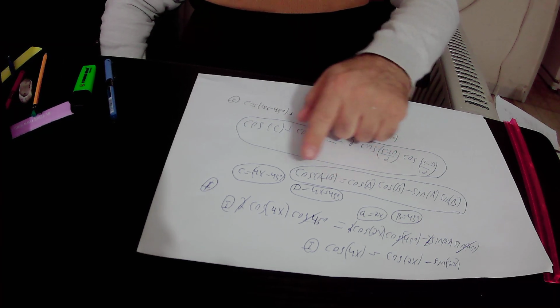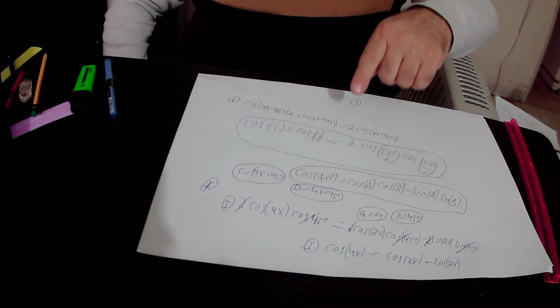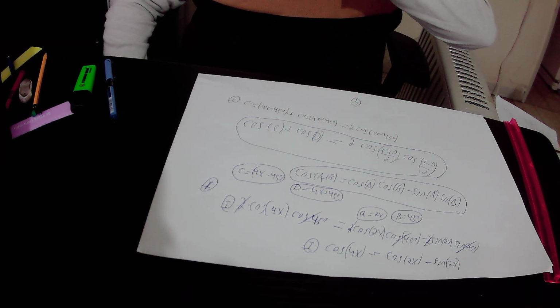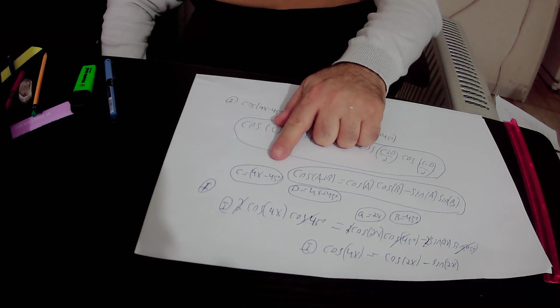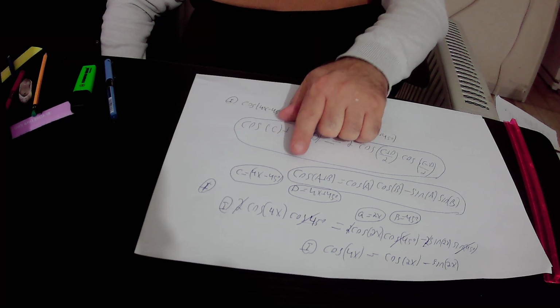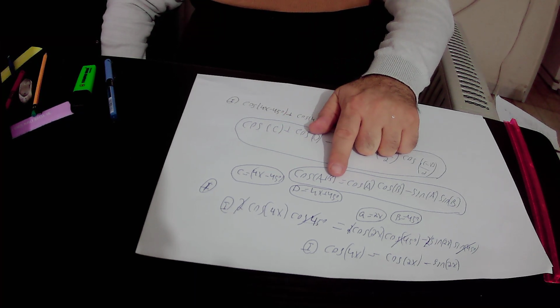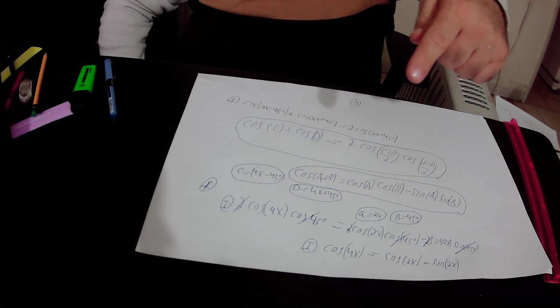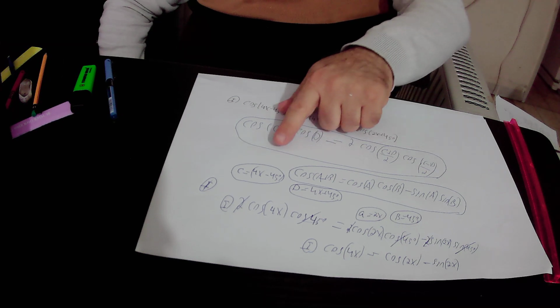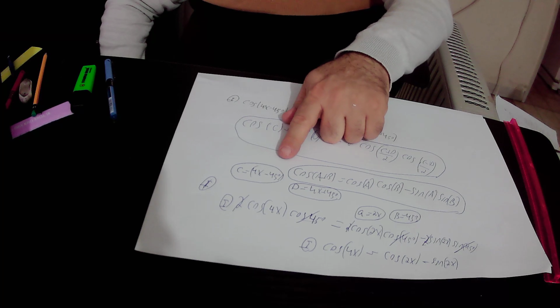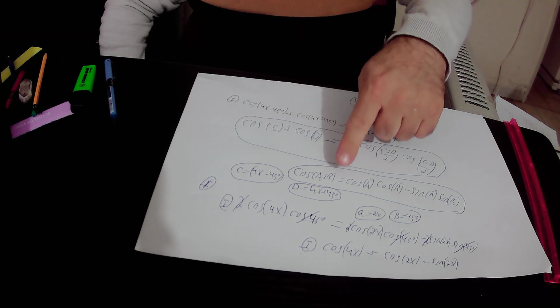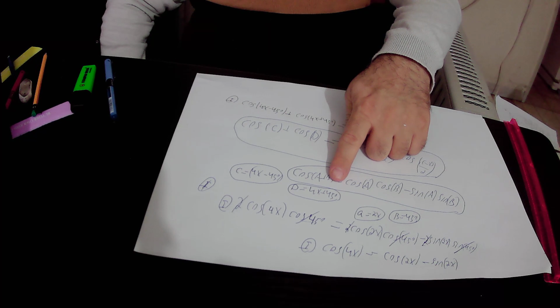So in conclusion, we got here 2 times cosine 4x, and we also have here cosine c minus d over 2. C is 4x minus 45 degrees, and d is 4x plus 45 degrees. It is actually c minus d, so it is 4x minus 4x is 0, and minus 45 degrees minus 45 degrees is minus 90 degrees, and minus 90 degrees over 2 is minus 45 degrees.